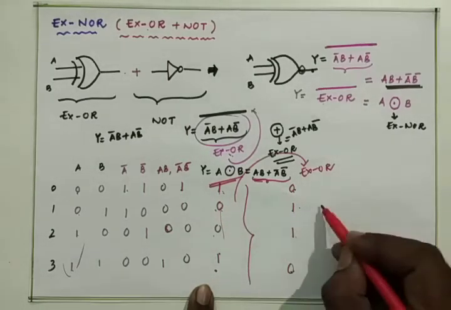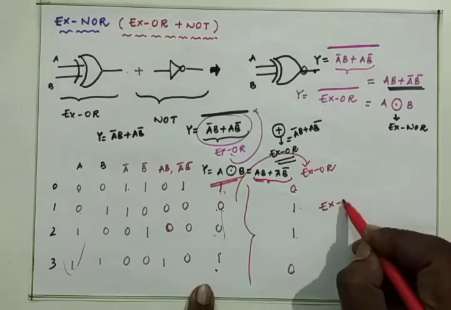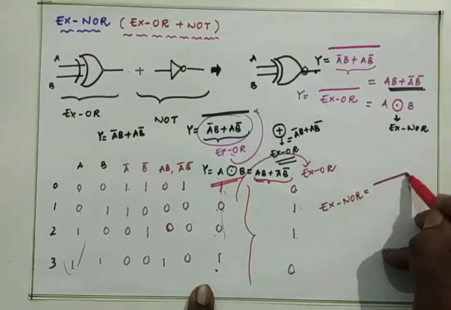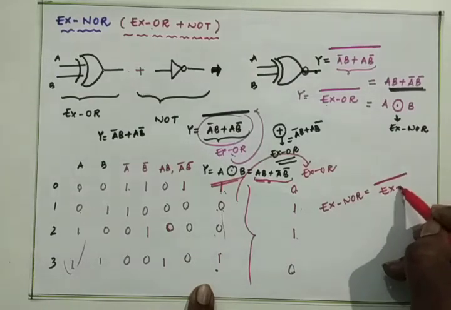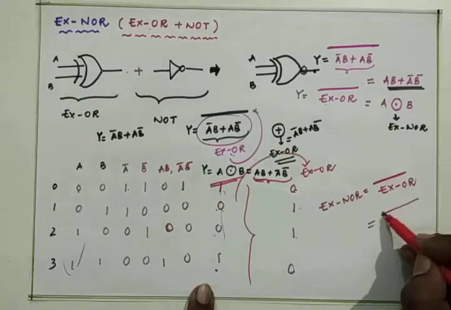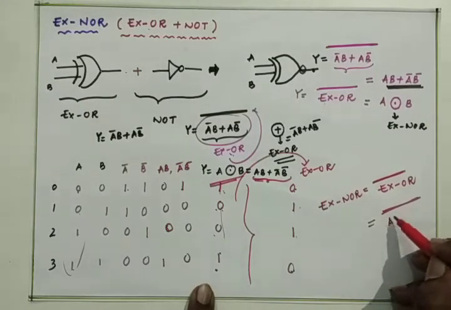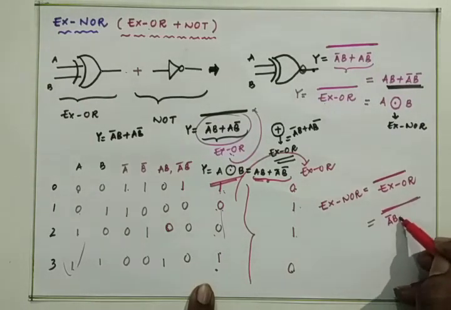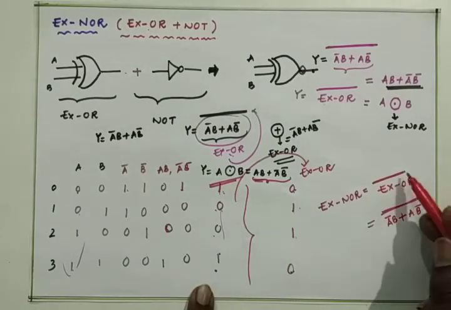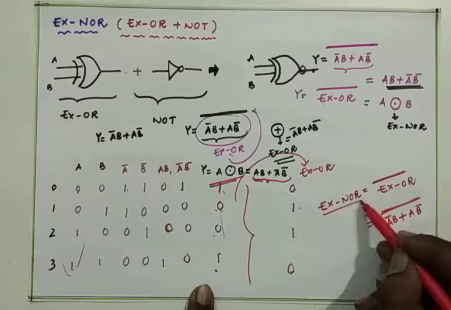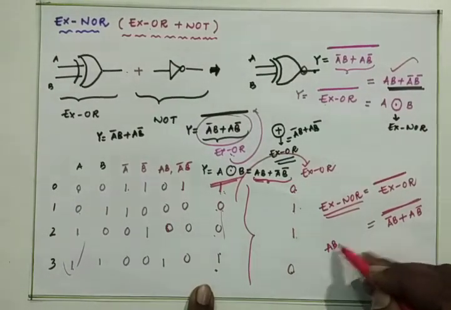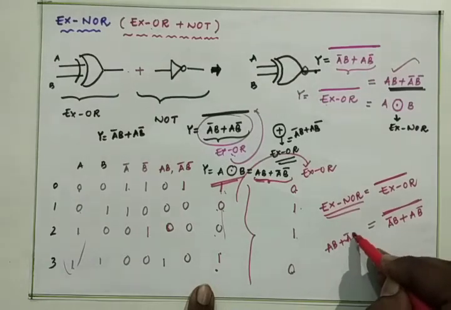That means XNOR is nothing but the complement of XOR. XOR output is A bar B plus AB bar, and its whole bar is the XNOR. We know that XNOR output is AB plus A bar B bar.